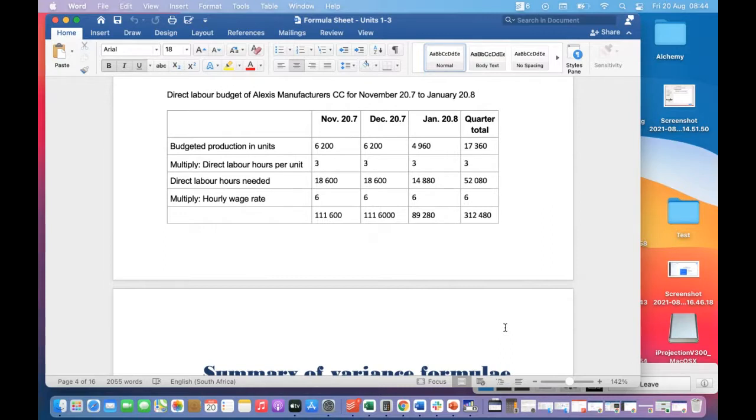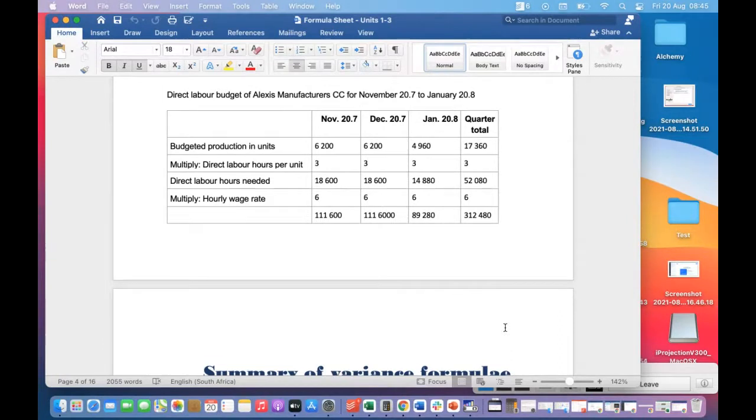So remember now, when we're saying the budgeted production in units, we're saying we know that we had opening inventory, we know that we had a total required for the month, and we subtracted the total required for the month from the opening to get how much we're actually going to produce. So then we take that, how much we're actually producing in November, times the labor hours needed to produce one unit. That's how we're getting the 18,600.